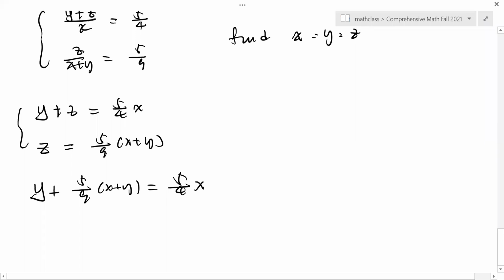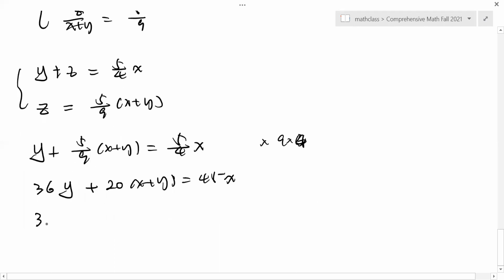How do we do that? You multiply both sides by 4 and 9, that is, by 9 times 4.